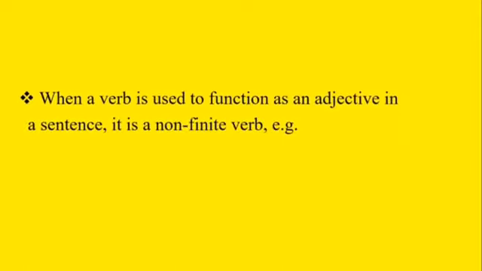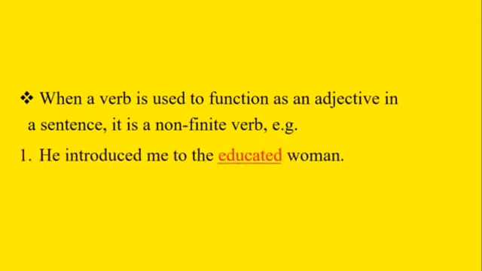The third way of identifying a non-finite verb is when a verb is used to function as an adjective in a sentence. So it is no longer functioning as a verb, it is used to function as an adjective. Example: he introduced me to the educated woman. Here, educated is not being used as the past tense of the verb educate.